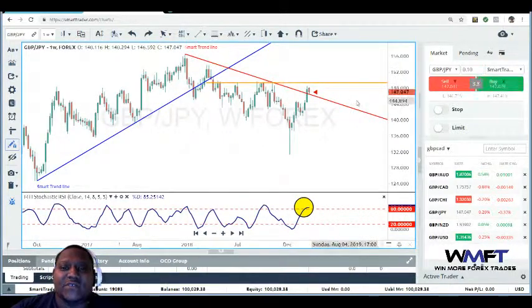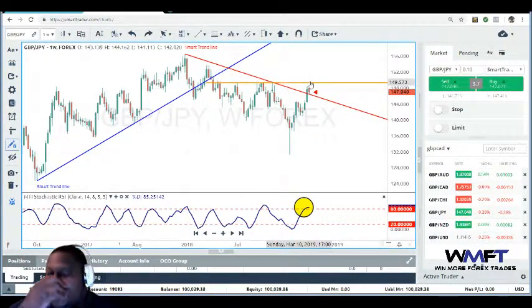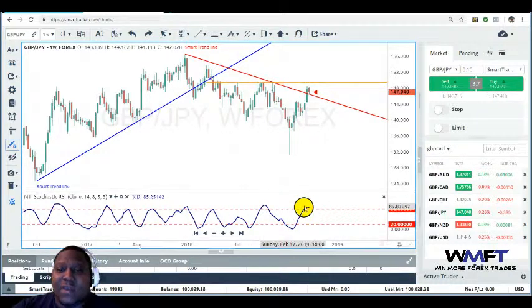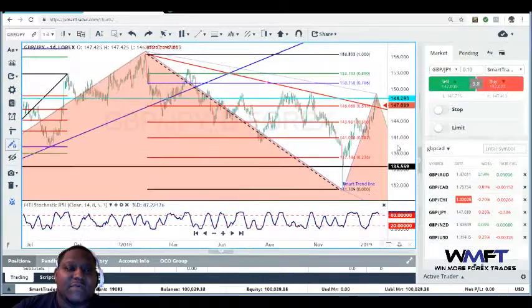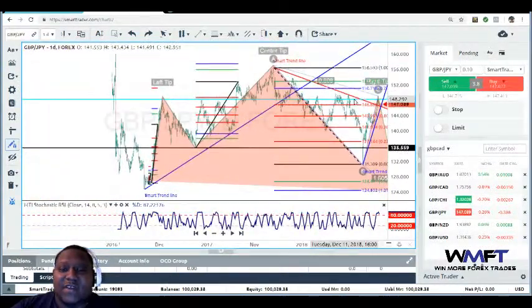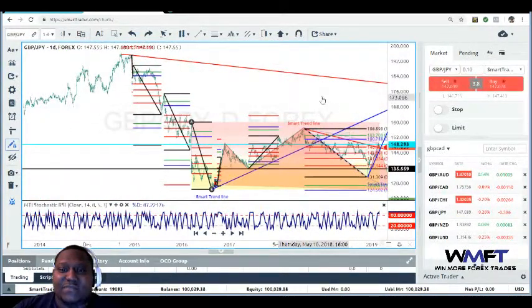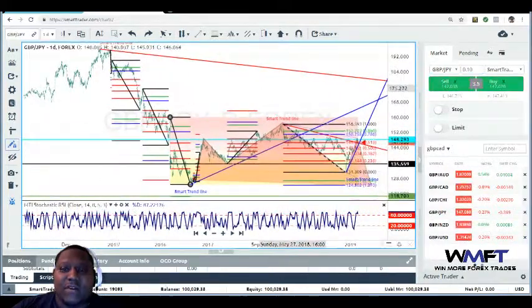Now we got this downtrend line. This could be a false break, as we have all these levels of resistance, and I want to see if the market was going to hold that level of resistance and start falling back down to the south. But the stochastic is in the overbought zone on the weekly time frame. On the daily time frame, we do have a bear crown formation.